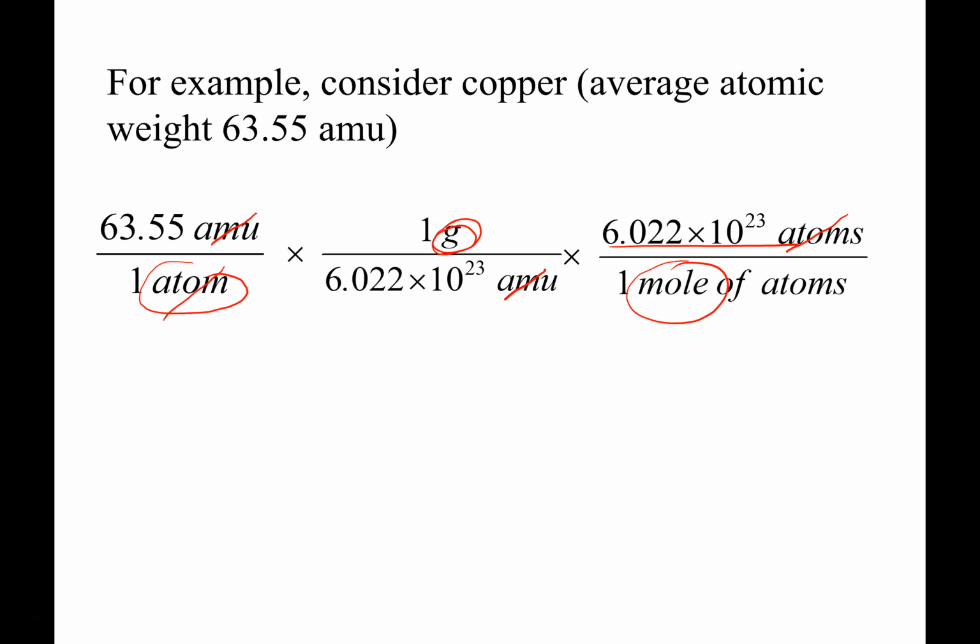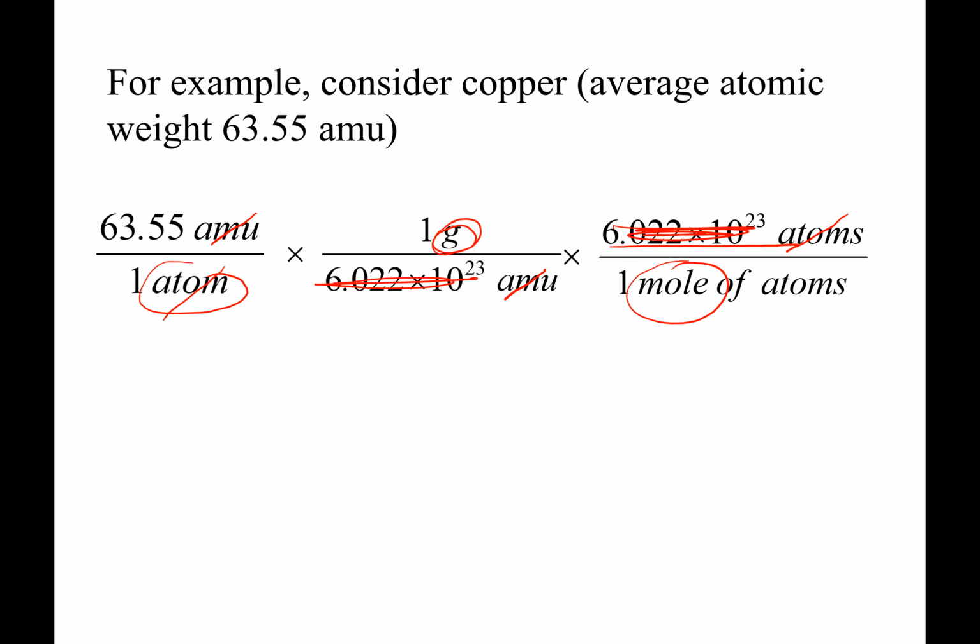So can I simplify this number-wise? How? What do you think? 6.022 times 10 over 6. Yep, those two terms factor out.